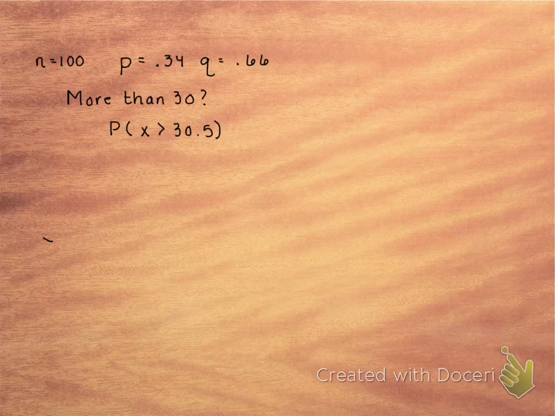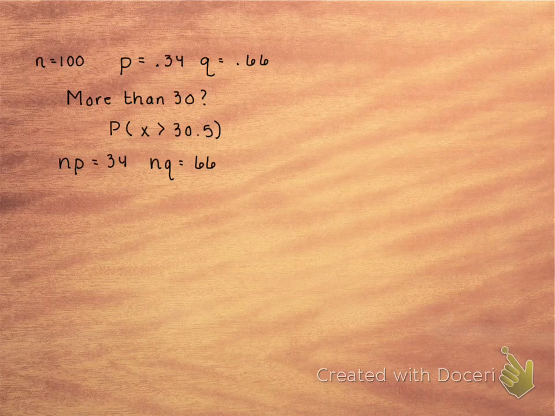Okay, so first thing we have to do is determine whether or not we can use the normal approximation to this binomial distribution. So we have to find N times P and N times Q. Okay, N times P is 34, N times Q is 66.